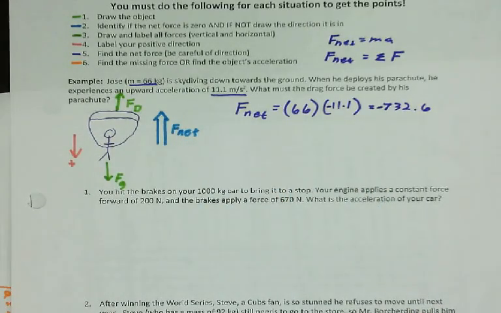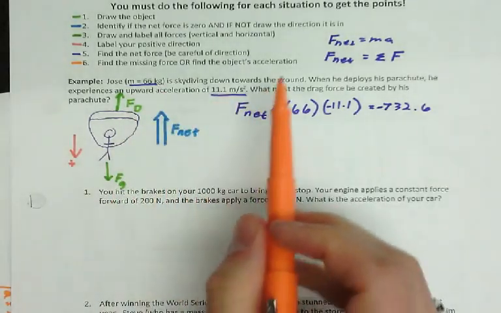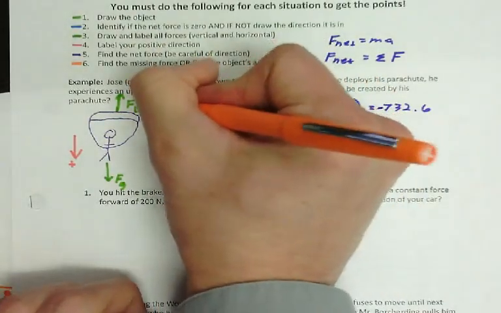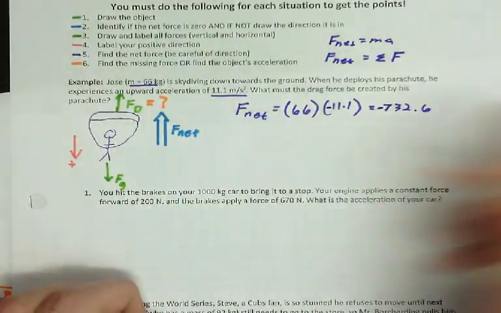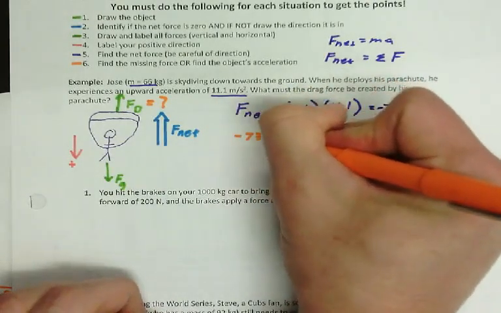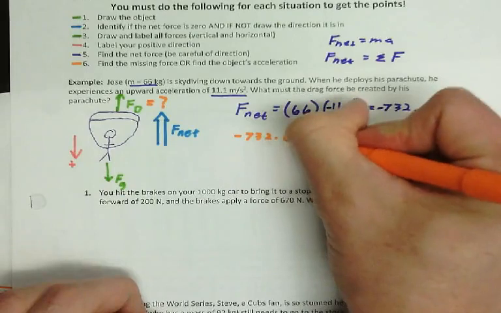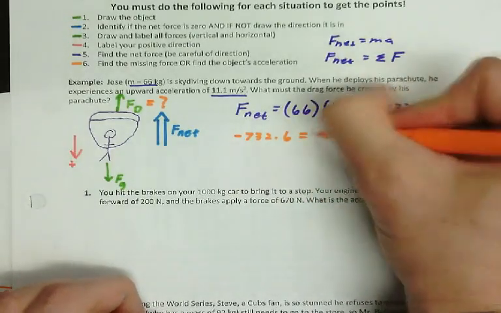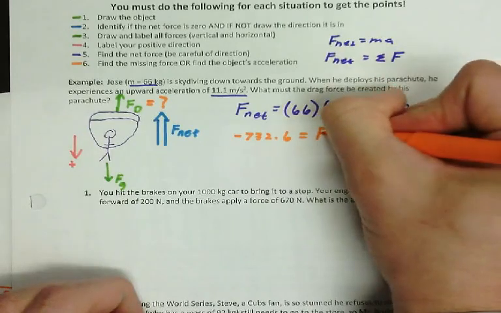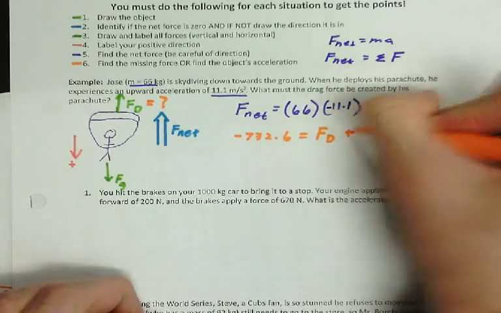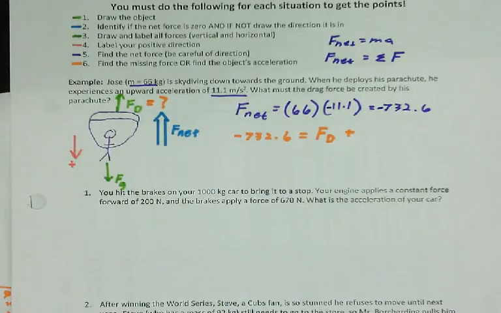Now I'm ready for the last step: find the missing force or the acceleration. I'm looking for a missing force. That missing force is drag. So net force equals the force I'm looking for plus gravity. Well, here's the problem.